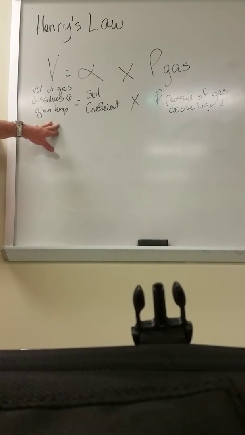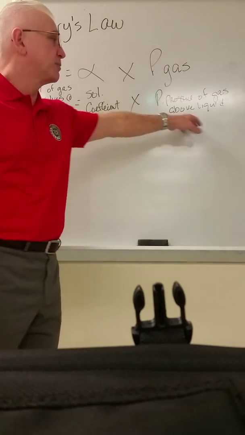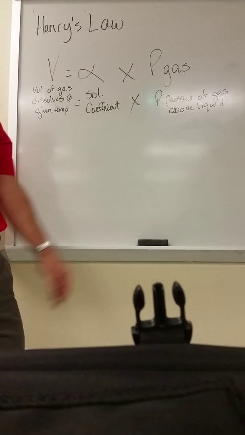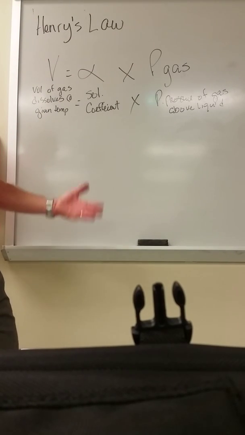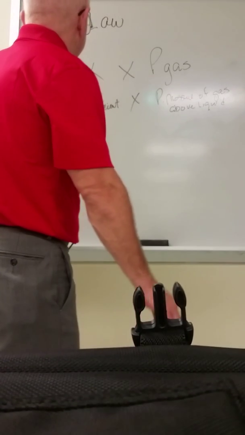The volume of gas that dissolves at a given temperature equals the solubility coefficient of a given gas in a given liquid, times the partial pressure of that gas above that specific liquid. And this again is all at a standard pressure at a given temperature.